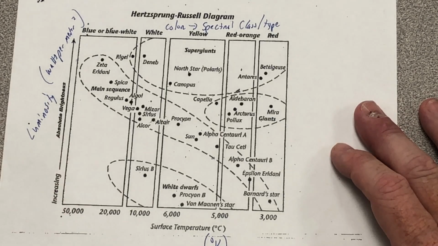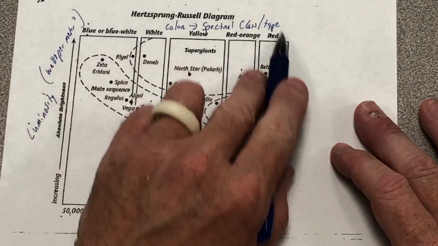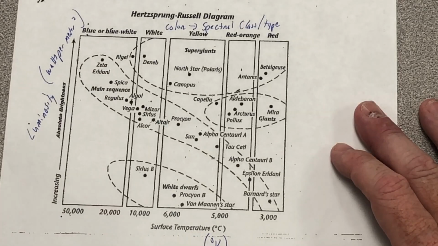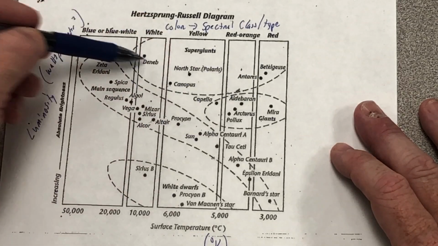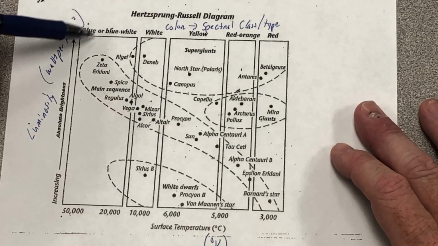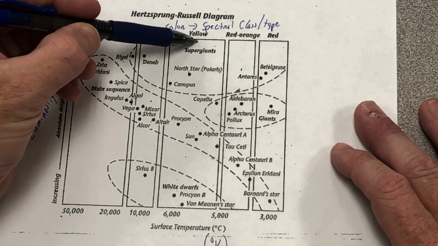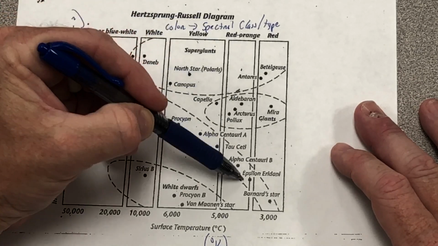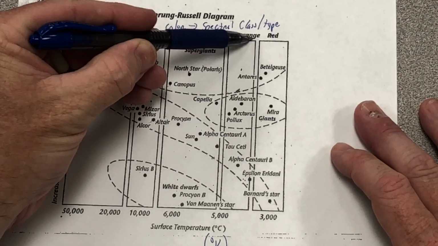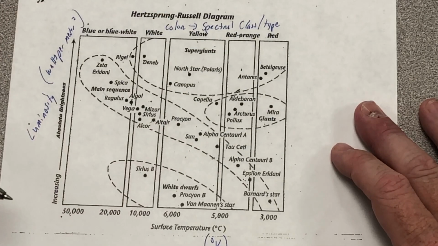Same thing, just a different set of terminology for classification of stars according to their colors. And again, you can see the different highlighted ones here throughout. These are blue towards the left here, blue-white at the edge, white, yellow. Your red-orange, you can kind of see some right at the line there between that and the red category. So just get familiar with the organization of this chart.